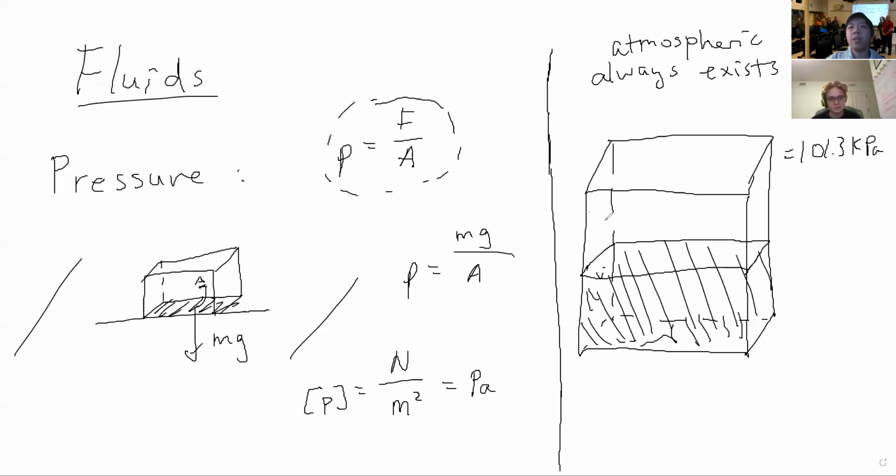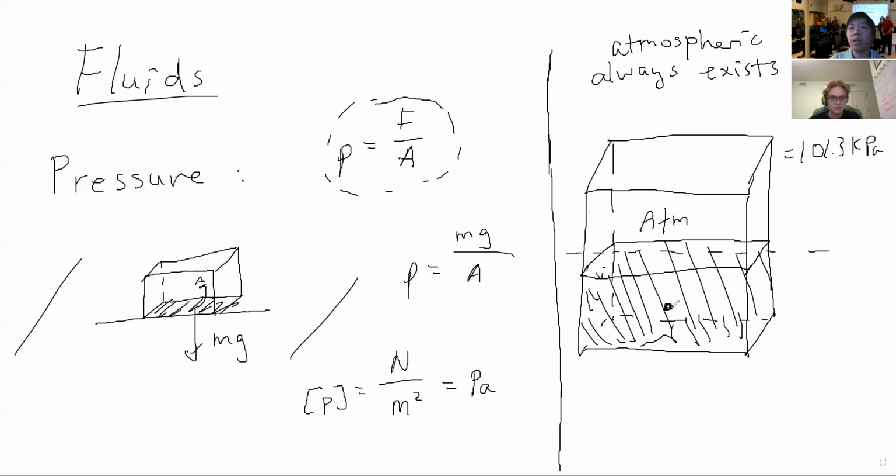Okay, so that means at the top of this water, at the surface of the water, there's going to be atmospheric pressure. But then let's say you were at some depth beneath the surface of the water.